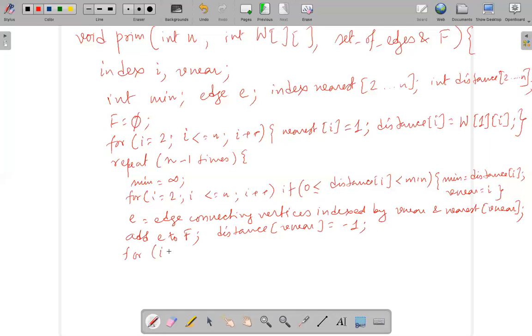For i equals 1 to i less than or equal to n, i plus plus, if w[i][vnear] is less than distance i, then you make distance i equal to the minimum weight.